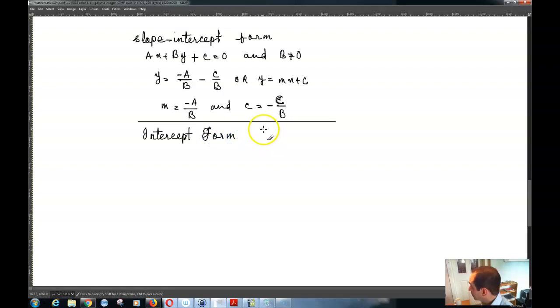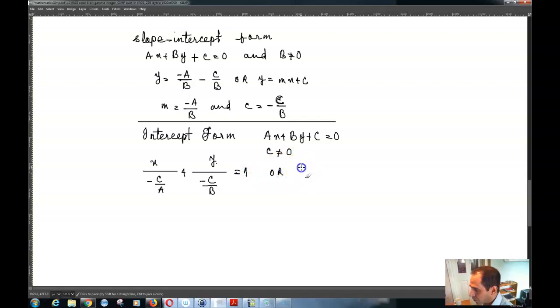And that is if you have again the same equation over here, ax plus by plus c is equal to 0, and this time if c is not equal to 0, then you can write your equation as x over negative c by a plus y over negative c by b is equal to 1, which if you compare it to x over a plus y over b is equal to 1, you will get a is equal to negative c by a and b is equal to negative c by b, and this is your x-intercept, and this is your y-intercept.